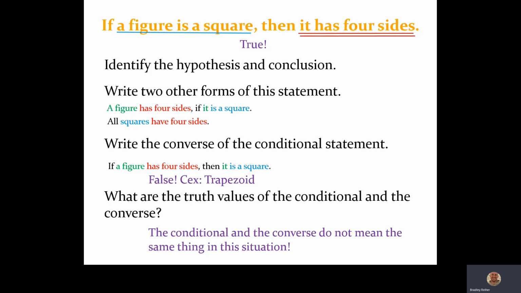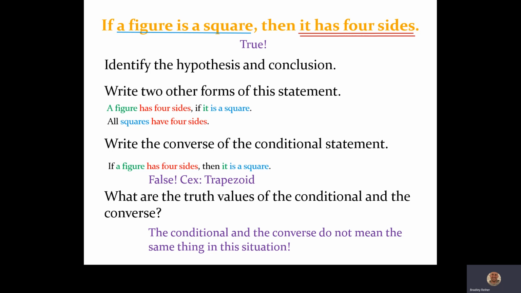So your conditional statement is, if a figure is a square, then it has 4 sides. That's definitely a true statement. Squares have 4 sides. The hypothesis, notice, is underlined once. A figure is a square. The conclusion is underlined twice.